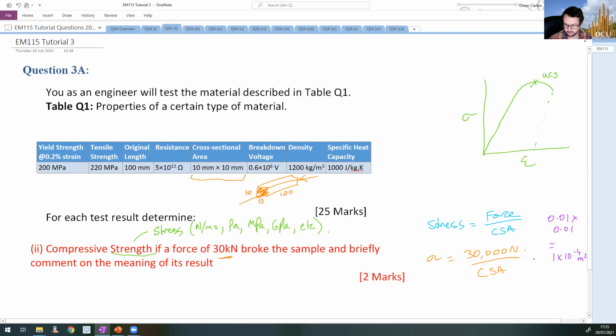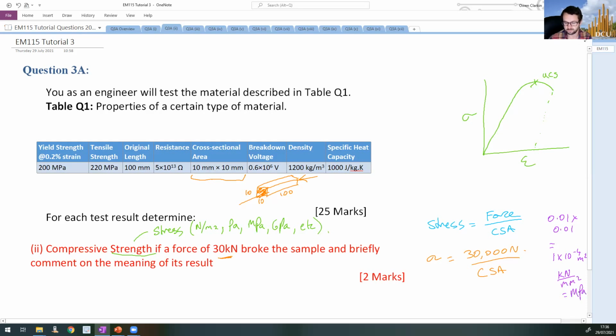So if you put that in here, you calculate it out, you'll come out as newtons per meter squared. You can also, just so as you know, do kilonewtons over millimeters squared, and it comes out as megapascals. Just a little shortcut, okay?